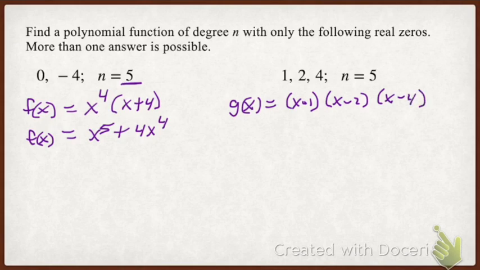Right now, I just have a degree of 3 if I multiply these together. So we need to make one of these a higher power, or more than one a higher power. So if I just said, all right, I'm going to make this a power of 2, and this one a power of 2, if I would multiply this all together, I would have an exponent of 5. I would have a degree 5 polynomial. This gets rather convoluted if you have to multiply it all together. I would take this as your solution, your answer for your polynomial.